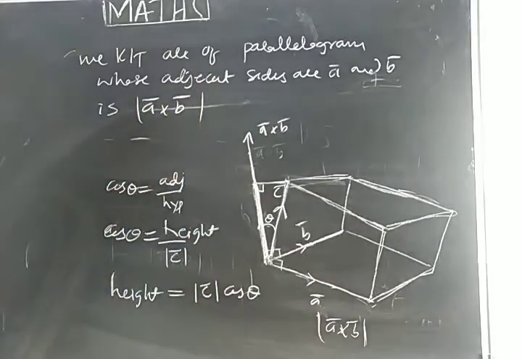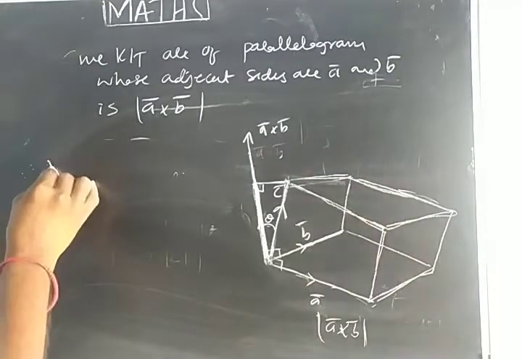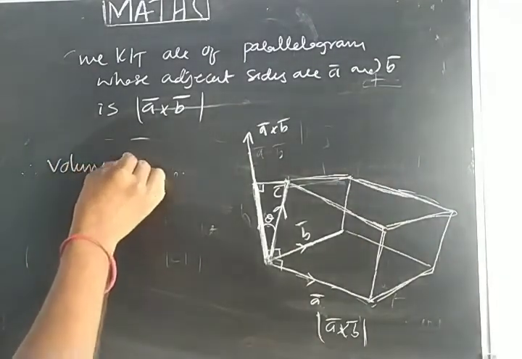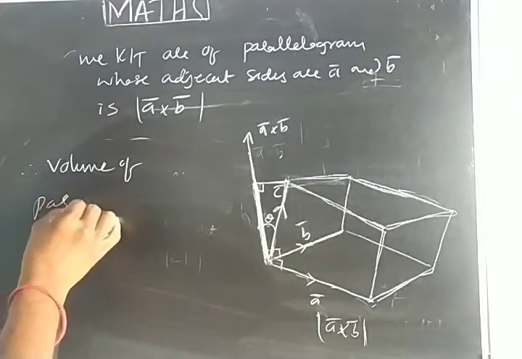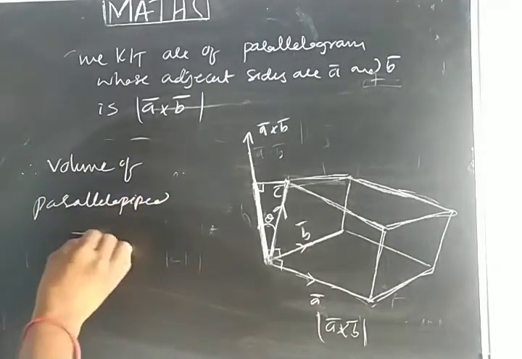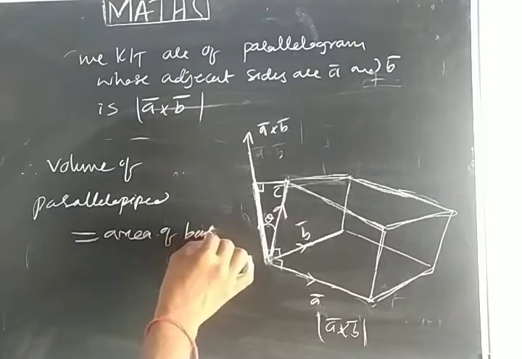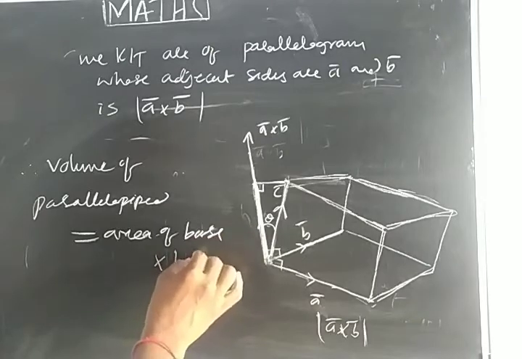Therefore, the volume of the parallelepiped is equal to area of base into height. Area of base into height.